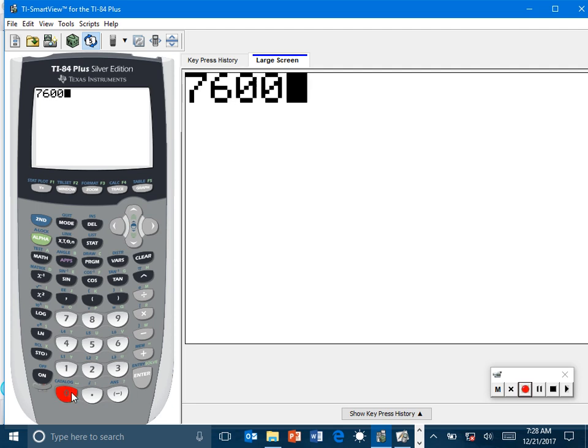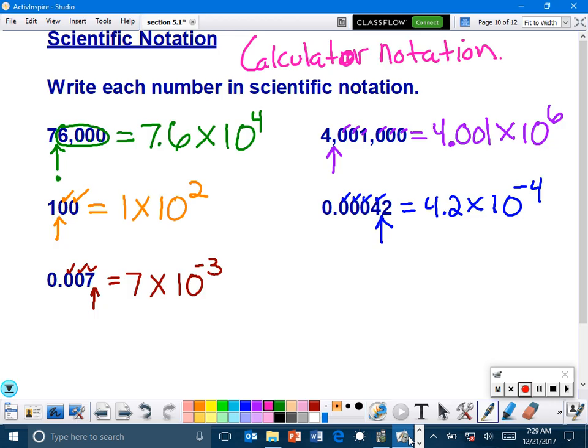76,000. I'm going to hit enter, and it is now giving it to me in scientific notation: 7.6E4. Now, I never want to see you write this on a test or a worksheet.